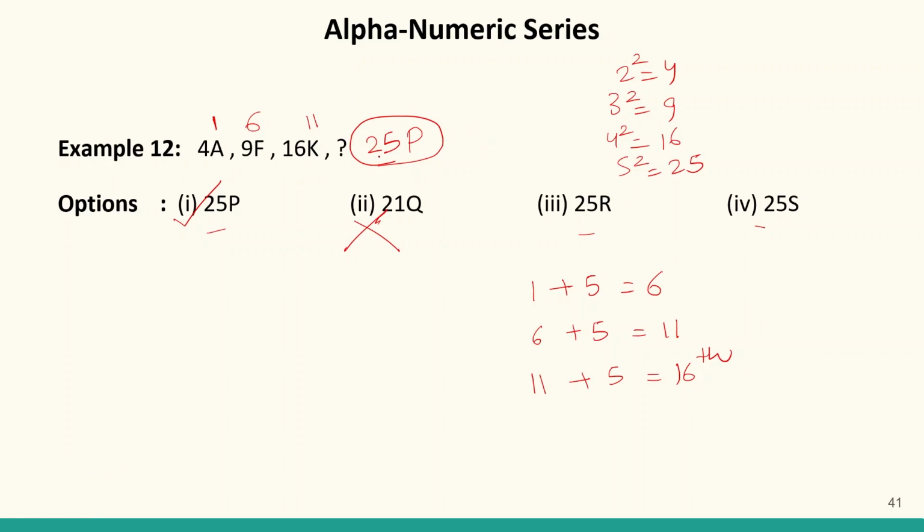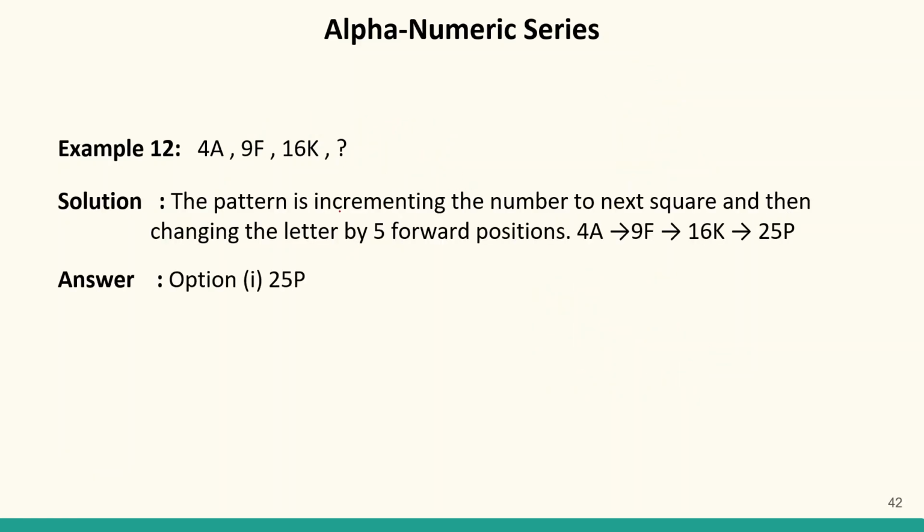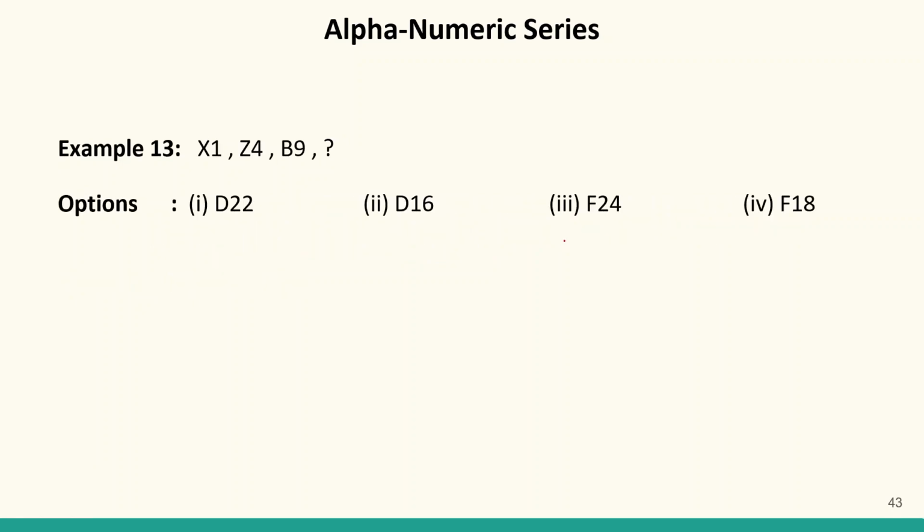Therefore, the answer to this question will be 25P. You can look at the solution over here that the numbers are being changed into the next squares, 4, 9, 16, 25 and so on. And the letters are increasing by 5 forward positions.